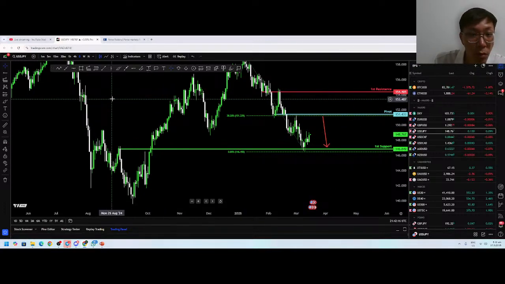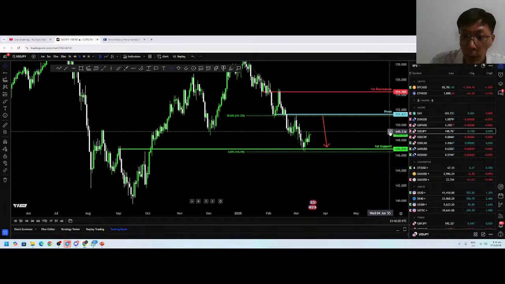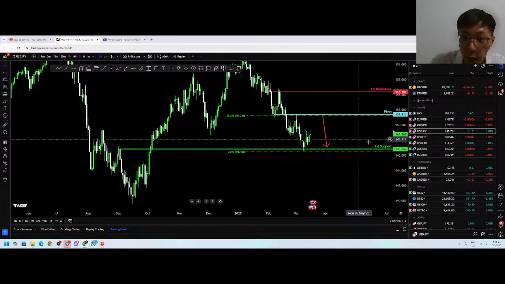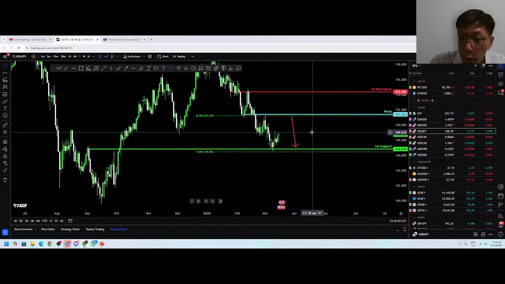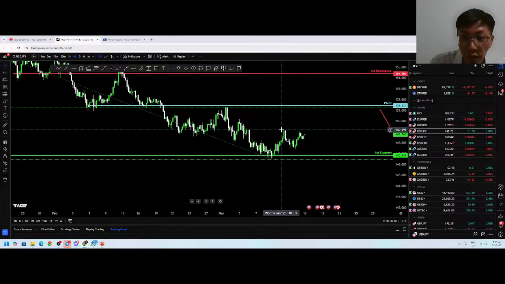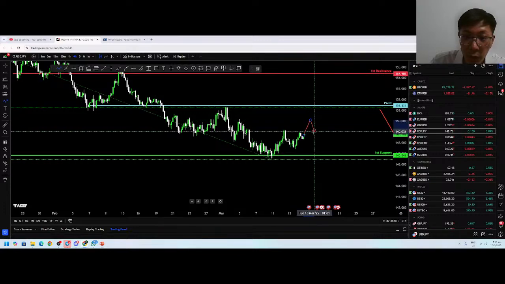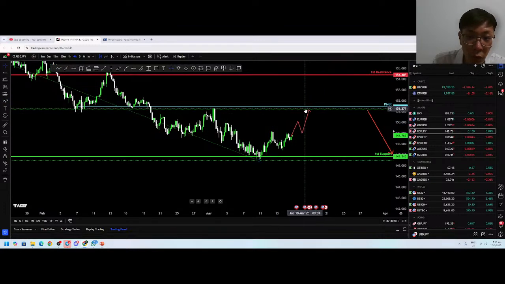So I think you can do something like this, where you put a buy alert if price actually crosses this high. If price actually breaks past this high right here, like this, then we want to look at possible sells at this area right here.